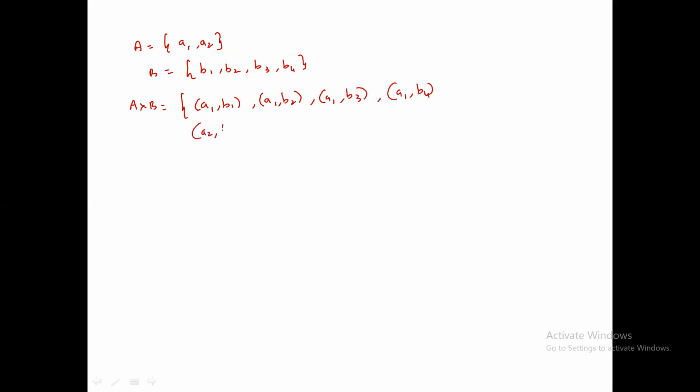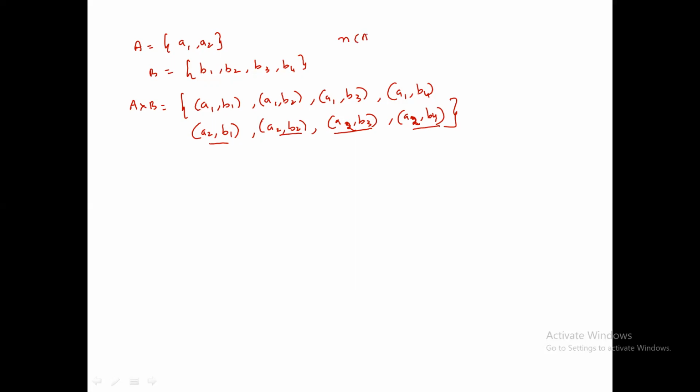With A2, you can take (A2, B1), (A2, B2), (A2, B3), (A2, B4), because A3 is not there. These are the possible pairs.